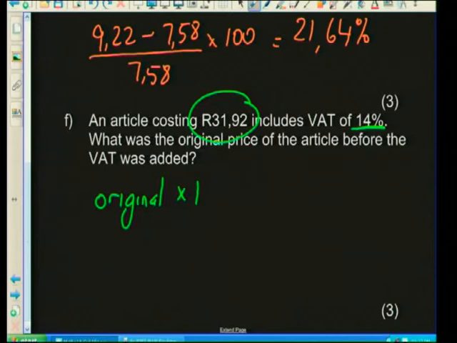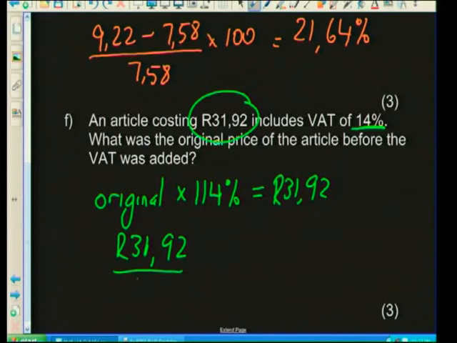We increased it by VAT, which makes it 114%, and my answer to that was 31 Rand 92. So if I want my original, I'm going to take my 31 Rand 92 and divide it by 114%.